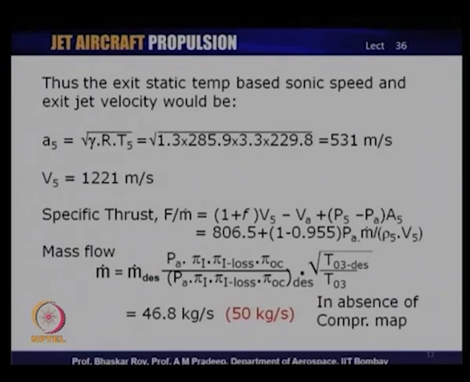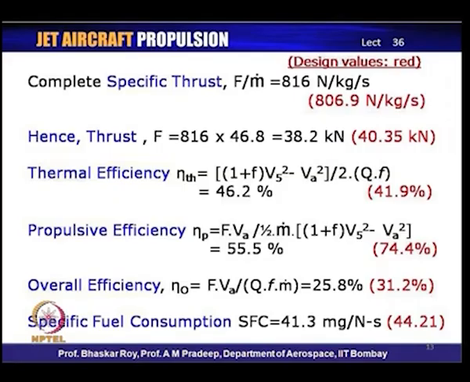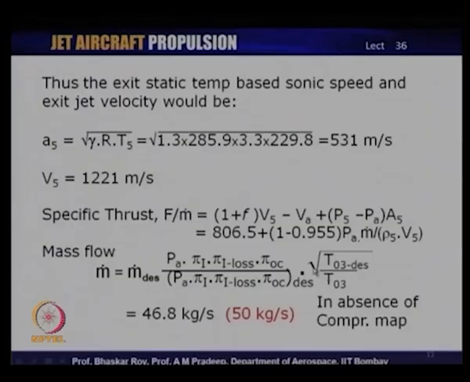Using this mass flow, we can go back to the specific thrust that we were estimating, and come back to the second term, which is the calculation of the pressure thrust, where we can plug in the mass flow and also the value of density of the gas at the exhaust face.